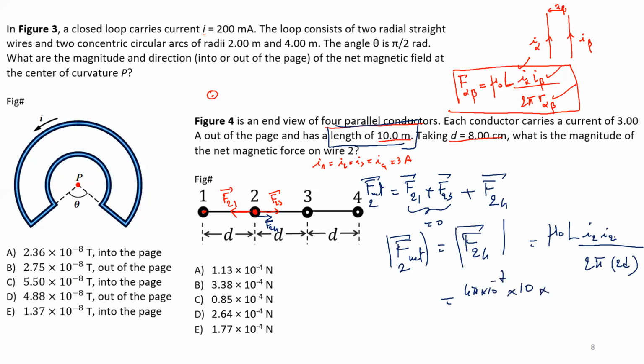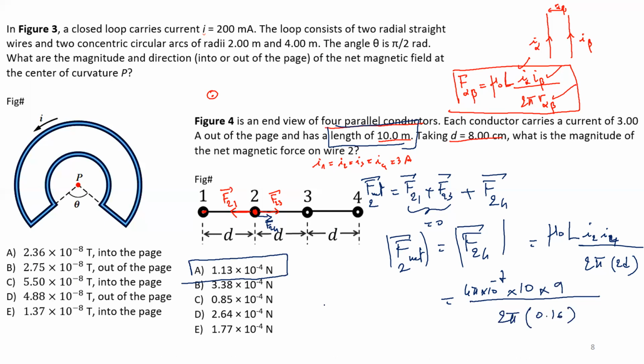I2, I4 is basically 3 times 3, so 9, divided by 2 pi. Now the distance here is 8 centimeters, so 16 centimeters, so 0.16. And you calculate this, you know everything. So of course it gives you this answer. Okay, is it clear? Great.